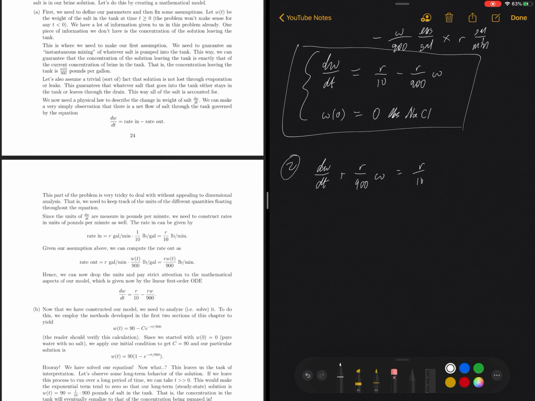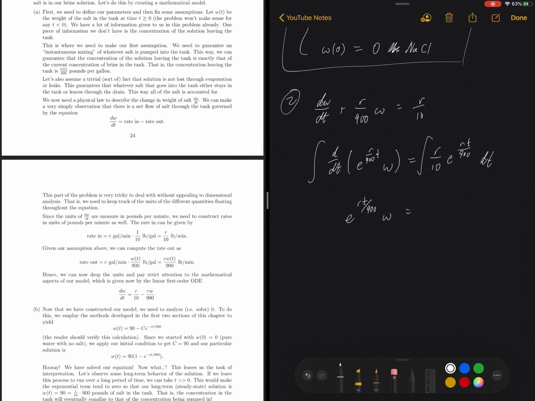dW dt plus R over 900 W is equal to R over 10. This is in the form of a first-order linear equation, which we know how to solve with integrating factors. So this is d dt of e to the R over 900 t times W, which is equal to R over 10 times e to the RT over 900.